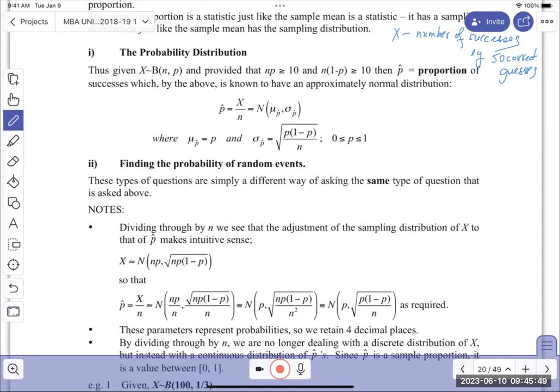So X is the number of successes. What about what we actually are interested in polls? We're interested in the proportion, right? What percentage of people are Catholics? What percentage of people support the Democrats? What percentage of people support a certain policy?